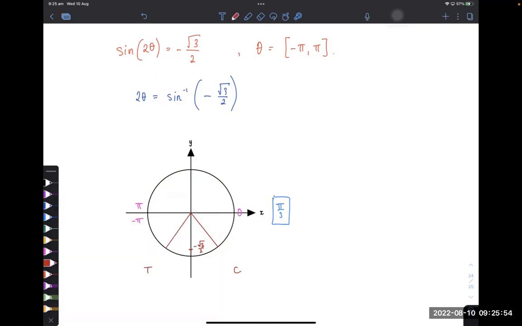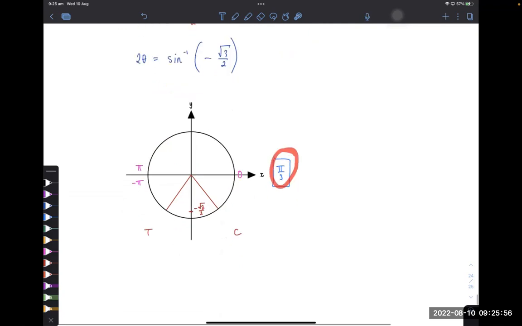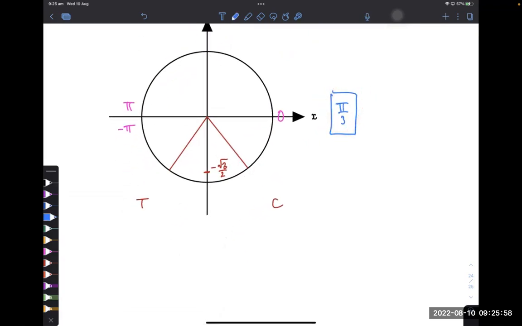Okay, so we know our base angle is pi on 3, but now we got to pivot, right? So which one's this angle here? We pivot from 0, negative pi on 3. And for this angle here, we're at negative pi, we pivot forward. Negative 3 pi on 3. Negative 2 pi on 3.